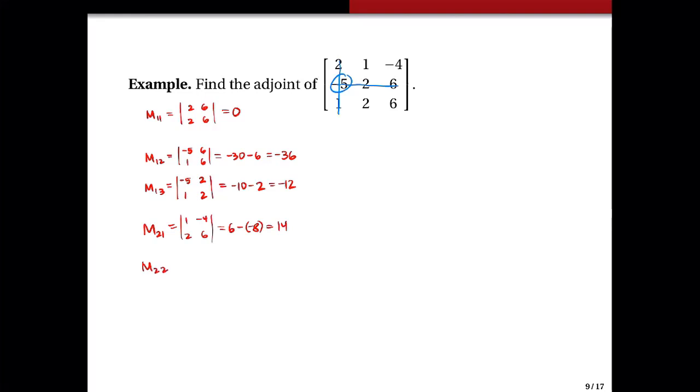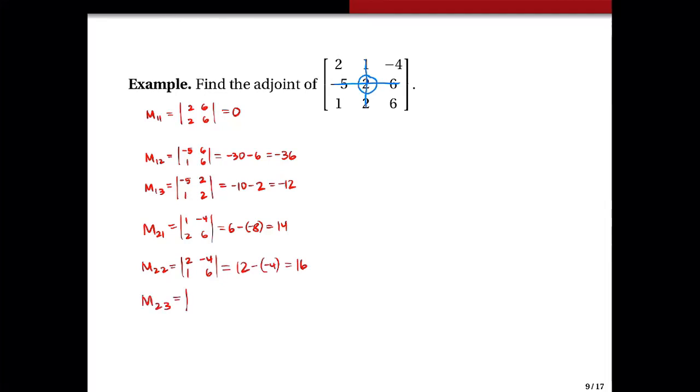Let's have M22. This is the 2, 2 entry. Delete this and this. We have the determinant of 2, negative 4, 1, 6. This is 12 minus negative 4, which is positive 16.